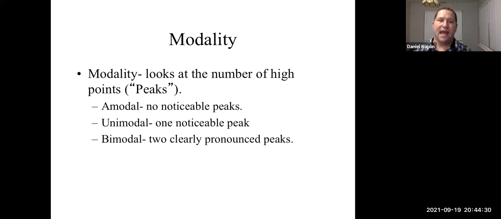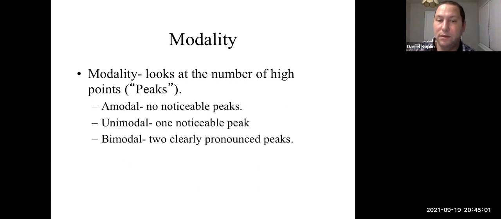Now, you can have an amodal distribution, which is flat with no peak whatsoever, and each score is roughly identical. You could have a unimodal distribution, which has one peak, and you could have a bimodal distribution, which has two peaks and so forth. Now, the peaks don't have to be at the same height, but it's sort of like one's going up and then it goes down and then it goes up again and then down.